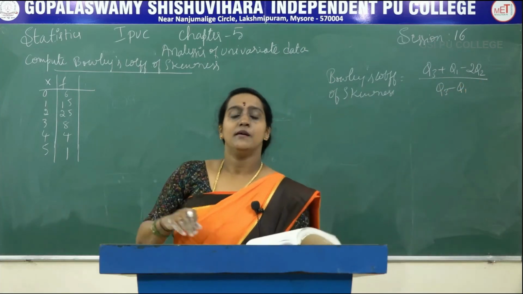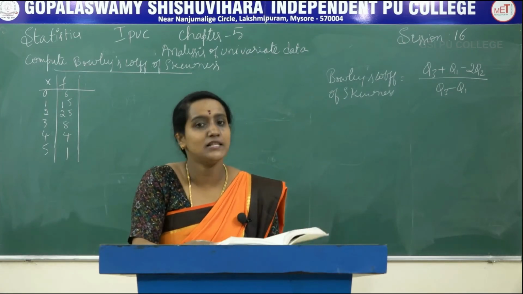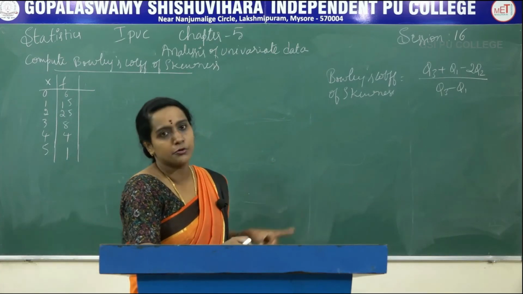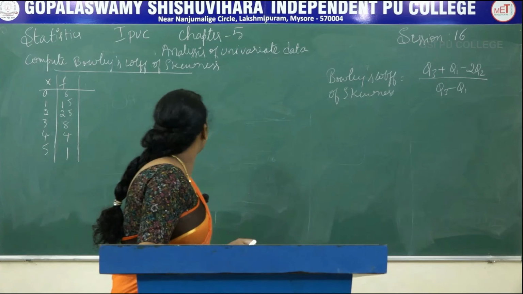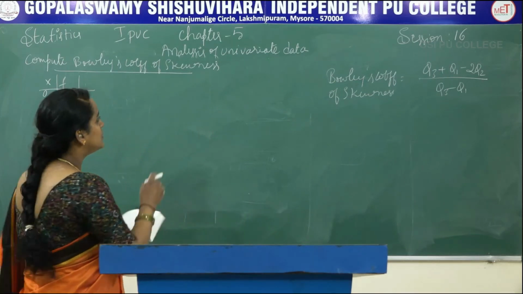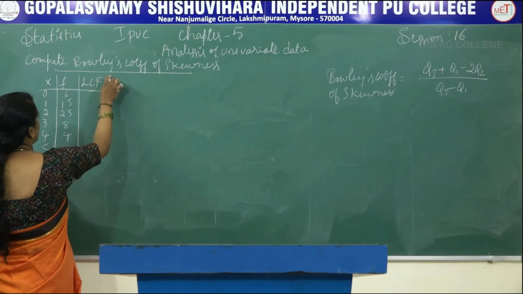Already I have told that Bowley's coefficient is purely based on quartiles. So we have to calculate all three quartiles, that is Q1, Q2 and Q3. Since this is a discrete case, it is very easy to calculate Bowley's coefficient. First step is we have to find the LCF.